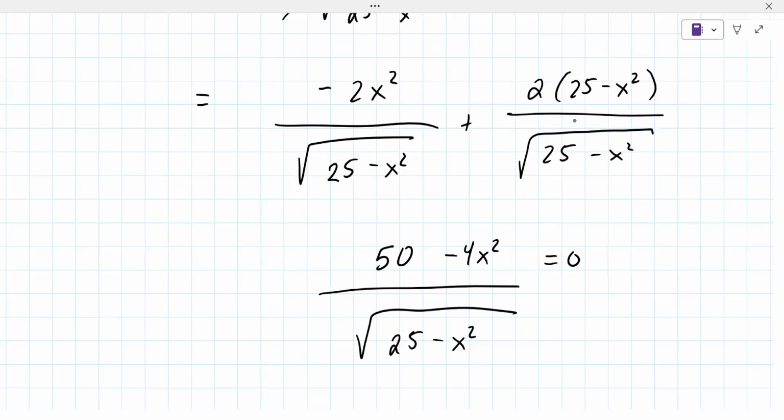So it'd be plus or minus 5 root 2 over 2. Yes.